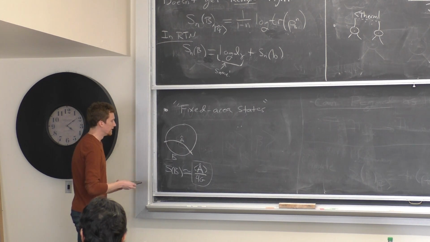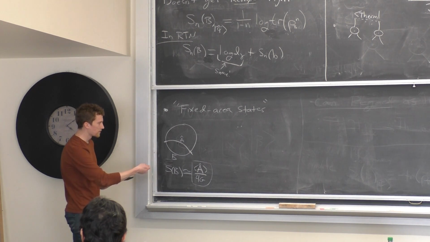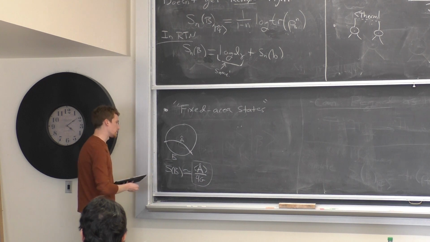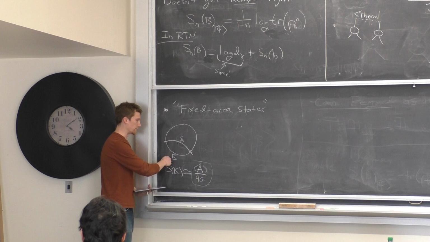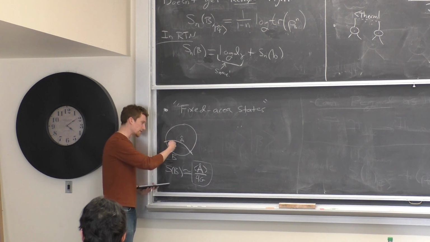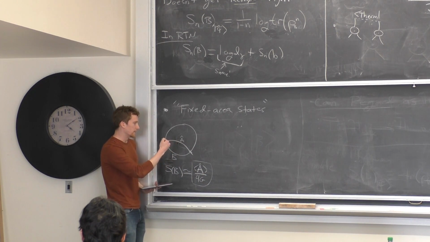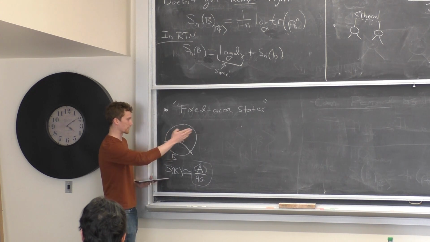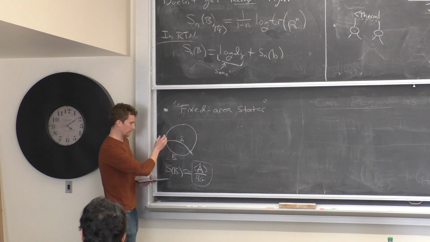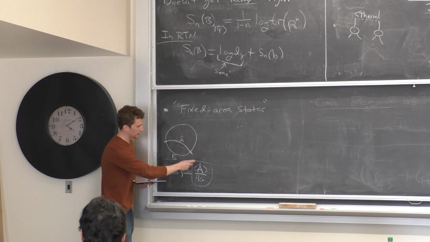And it is these fluctuations that are responsible for the fact that if you were to compute the Rényi entropy of B, it's not going to be constant. The Rényi entropies are more sensitive to the subleading parts of the state.